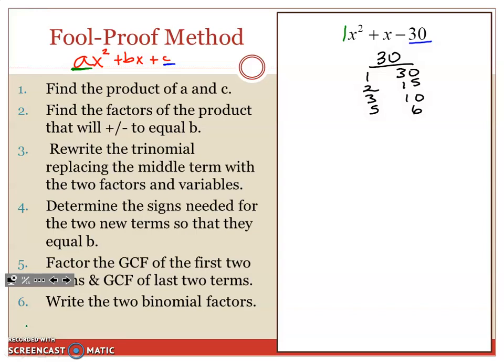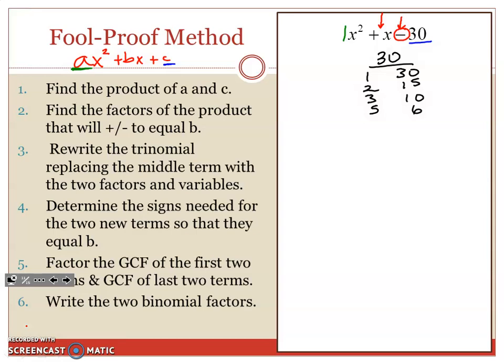Now that we've decided that, we're going to pay attention to this sign here. The second sign tells us if we want these factor pairs here to add or subtract. So since that is a minus sign, we need our factor pairs to subtract to give us the coefficient of our second term. That would be our b.